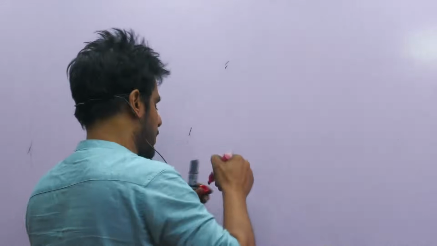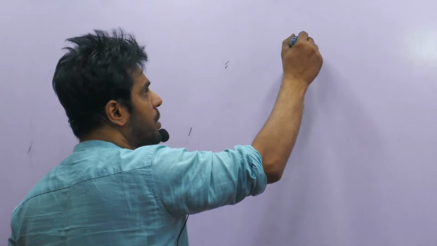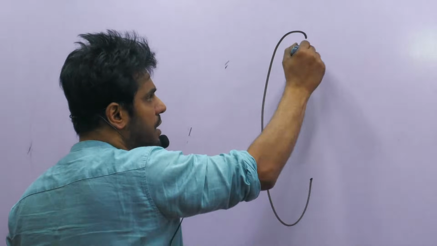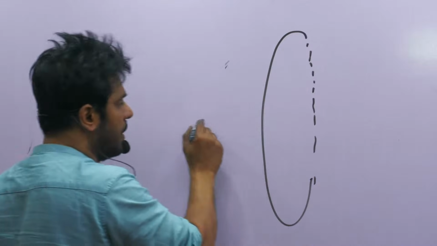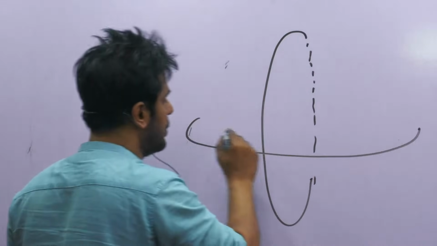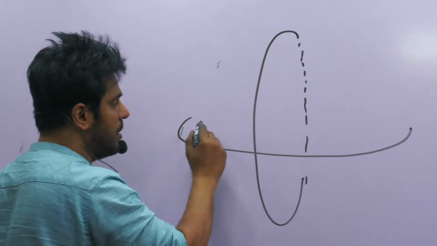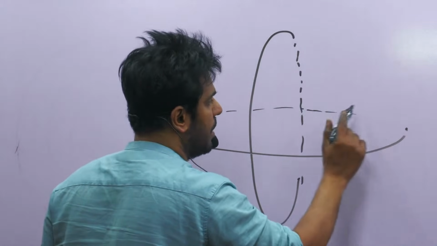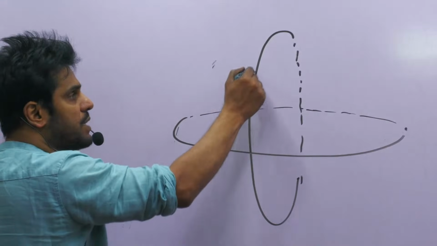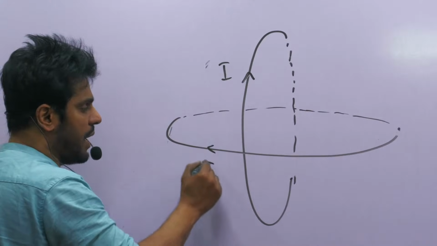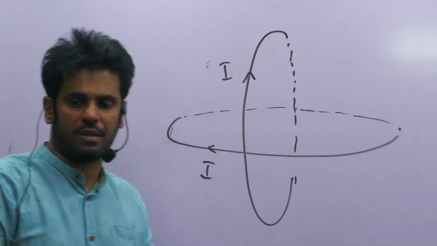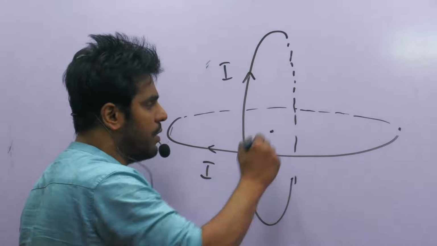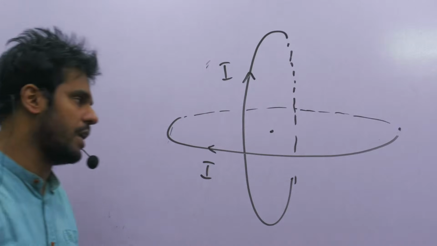Now these are the two concentric circles, and they carry the same identical current.